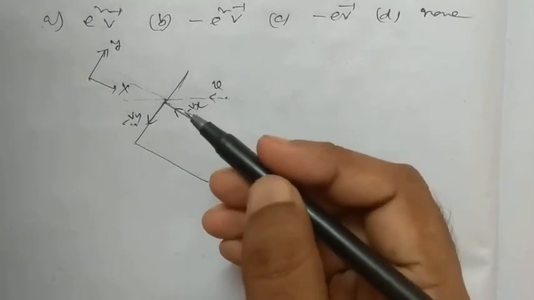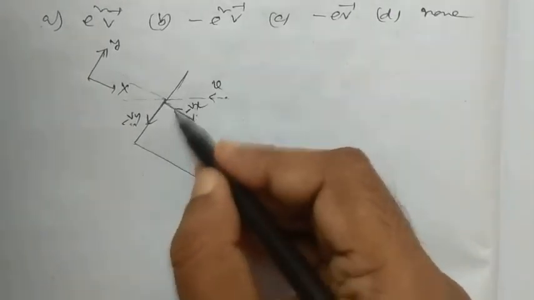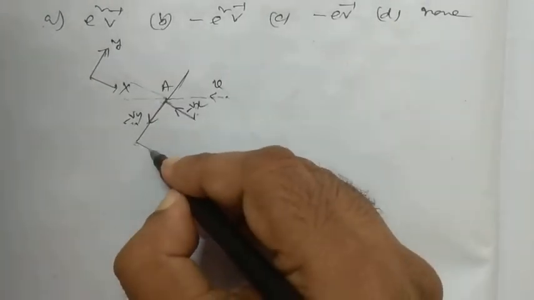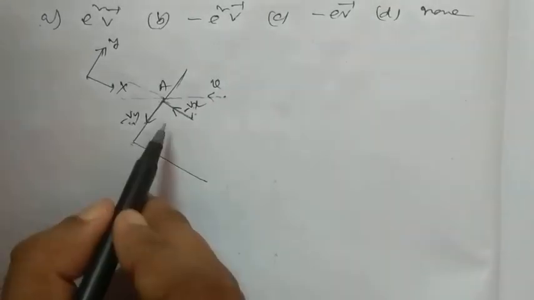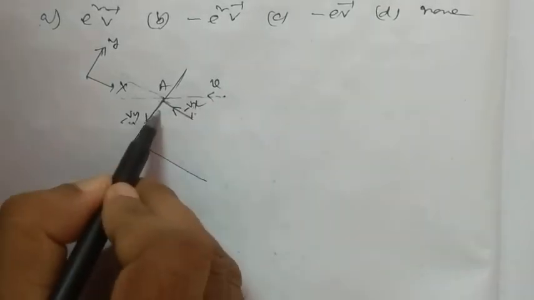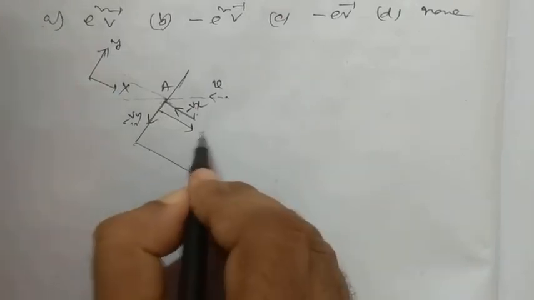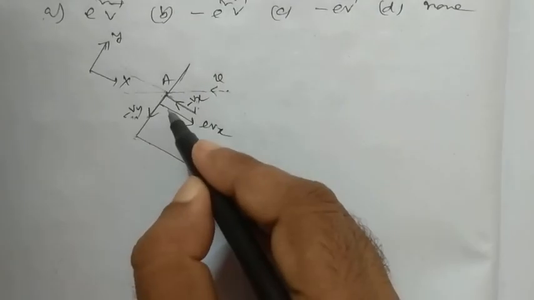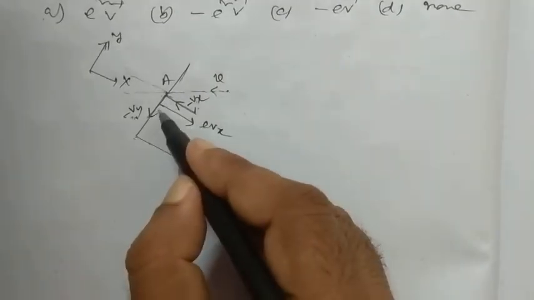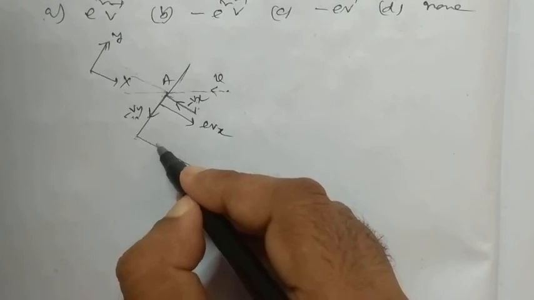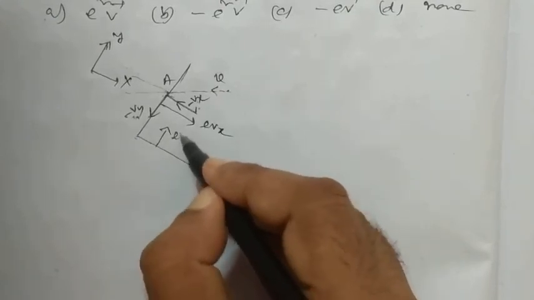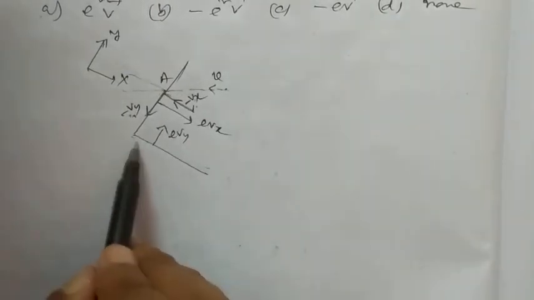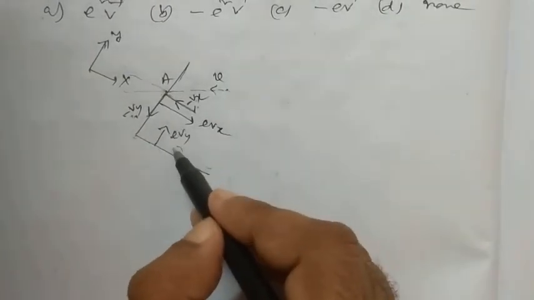Now when the ball hits this portion, this is point A, minus Vx, and the return velocity will be eVx along the positive x. When the ball hits this plate, the second instance, the rebound velocity will be eVy. This is minus Vy hitting this rod and rebounding with a speed of eVy.